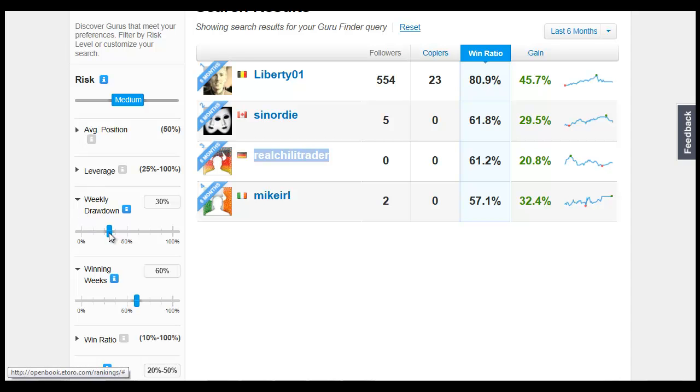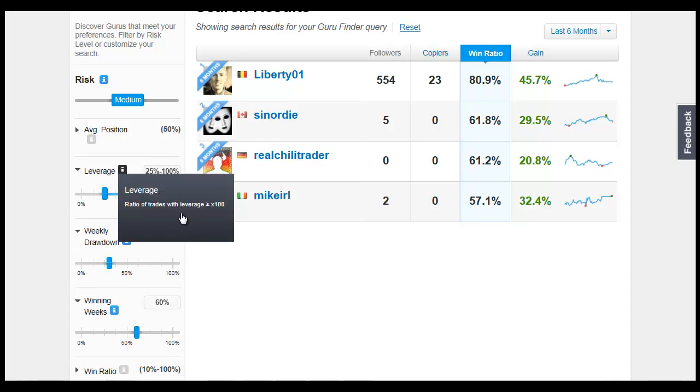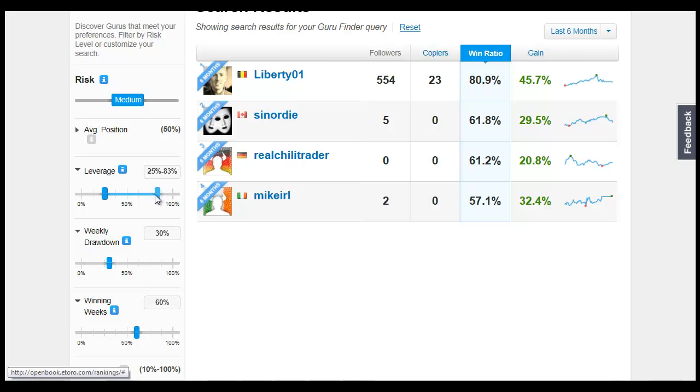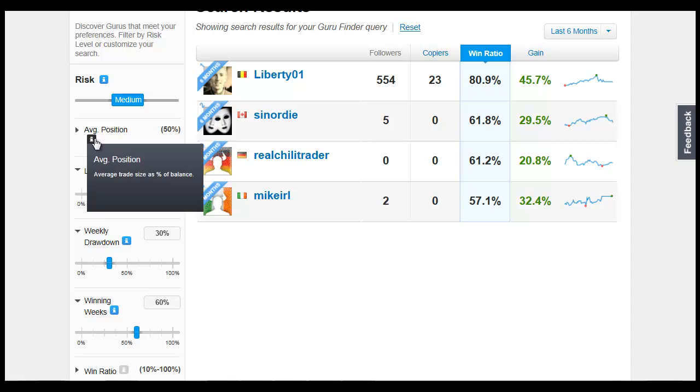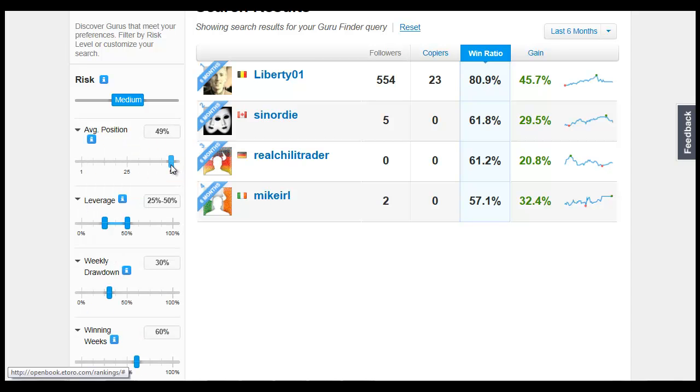What I'll first try to do is limit the leverage on those deals and make sure it's no more than 50%. What I'll then do is limit the average position towards 30%.